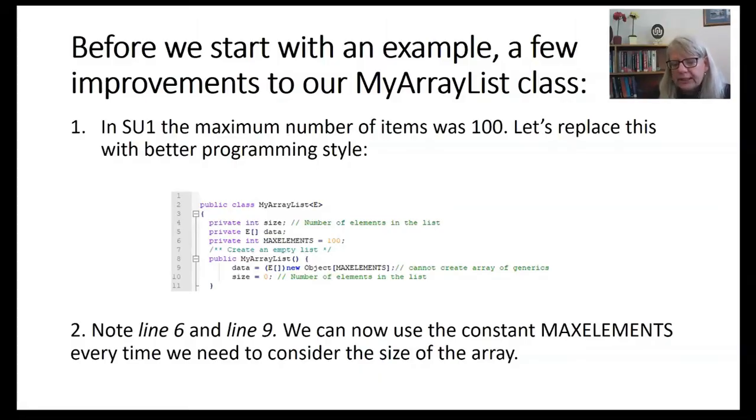You will see in line 6, we define a variable called maxElements, and we set that equal to 100. And then in line 9, we use our new variable maxElements. So whenever we want to use the number 100, we can simply use the maxElements variable.